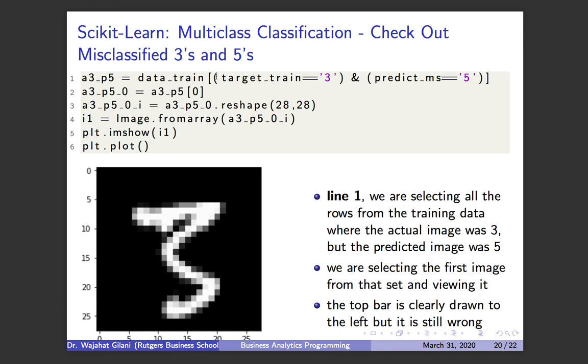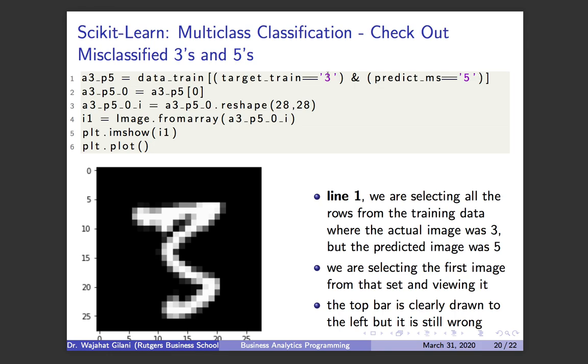So here, first things first, notice that I have 2 conditions, so I have to use parentheses. That's a refresher. Target train, data train, and predict underscore ms are all the same. They have the same amount of rows. Their columns are different, yes, you're right, but their row numbers are the same. But in data train here, I'm not specifying any column.